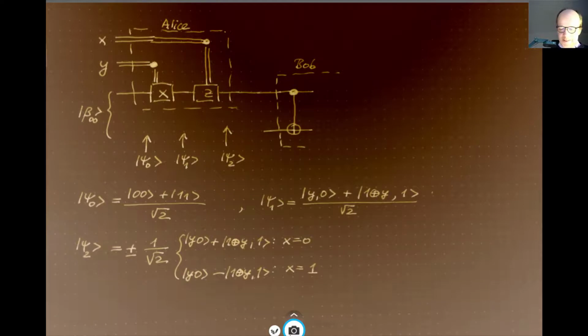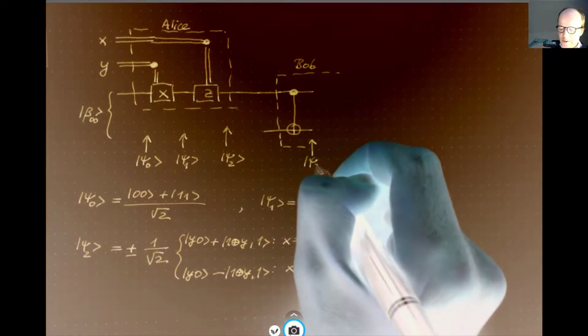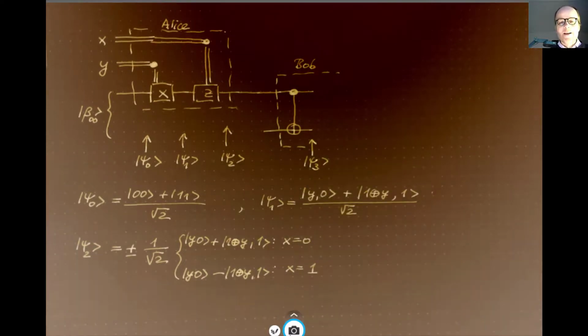And let's see what the state of the 2 qubits looks like after this controlled NOT. After this controlled NOT, we have the state psi 3.